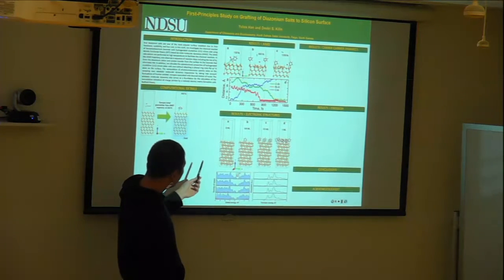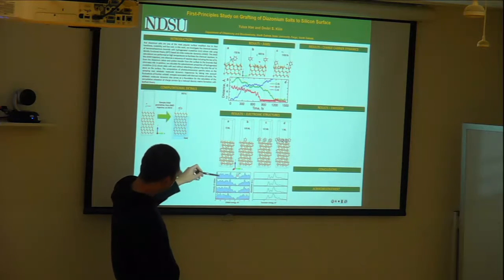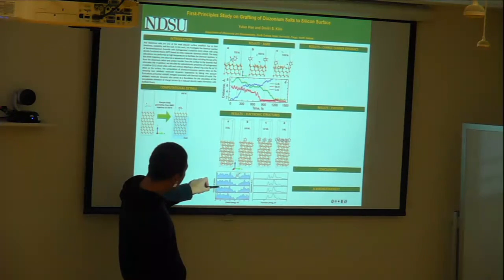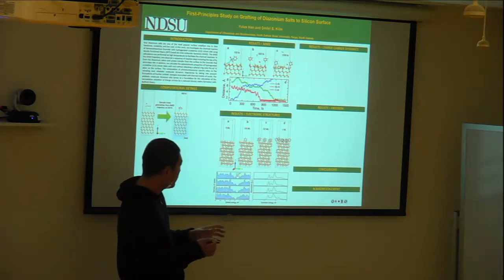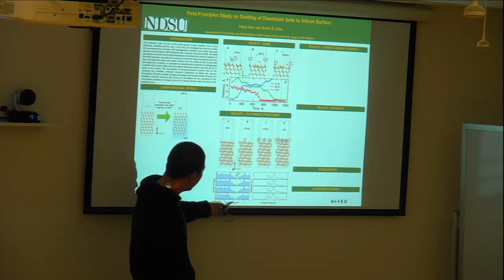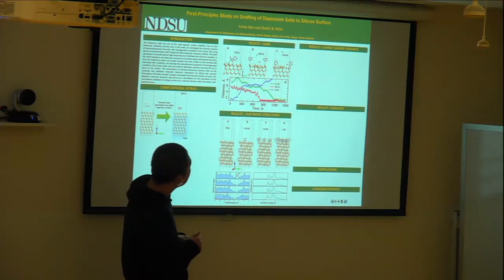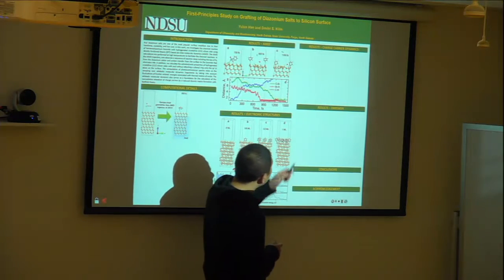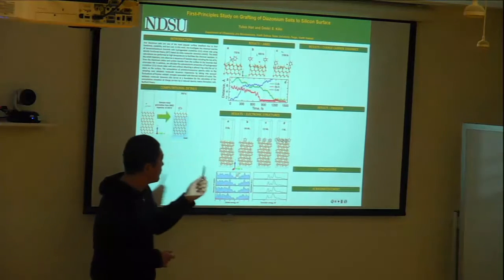So here I calculate the density of states and also the absorption spectrum. The first 3 look similar, but for the last one, because the phenyl group is kind of bulky, there is some pi stacking and also some rearrangement of the surface. So you see the HOMO orbital is now occupied by the carbon. And I guess next time I'll add some data on trajectory dynamics and also the emission spectrum.